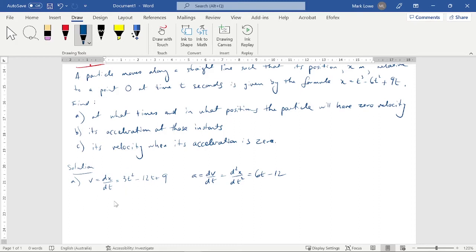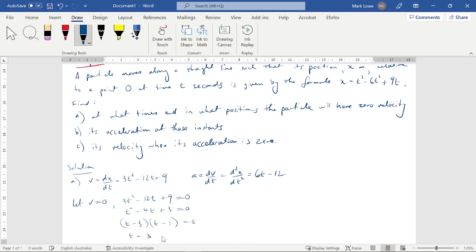Okay, at what times and what positions does the particle have zero velocity? So we're going to let v equal 0. We have 3t squared minus 12t plus 9 equals 0. That usefully has a common factor of 3, so if we divide throughout by 3, that gives us t squared minus 4t plus 3 equals 0. That factorises quite nicely to (t minus 3)(t minus 1).